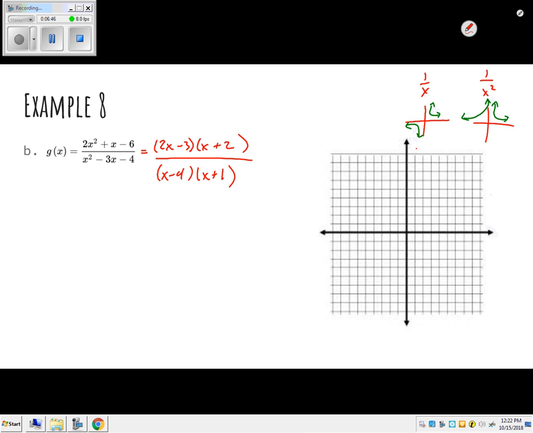I've got it factored. Now I'm really hoping something cancels on this because that will make my work so much lighter. Fortunately, this one does not. Okay? So I am ready to go to my x and y intercepts. If I plug in 0 for x, I think it's easier to plug in 0 for x up here.